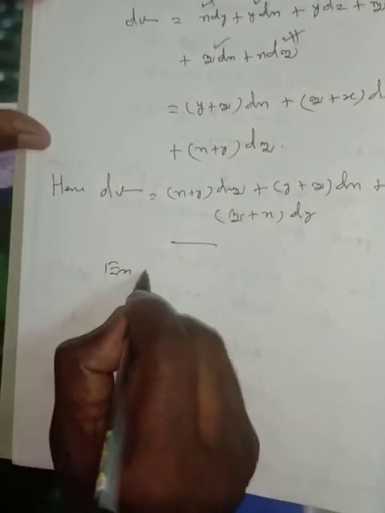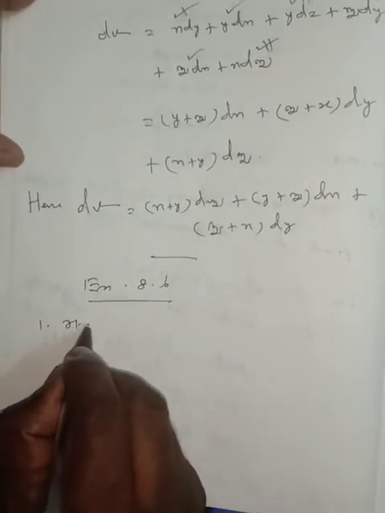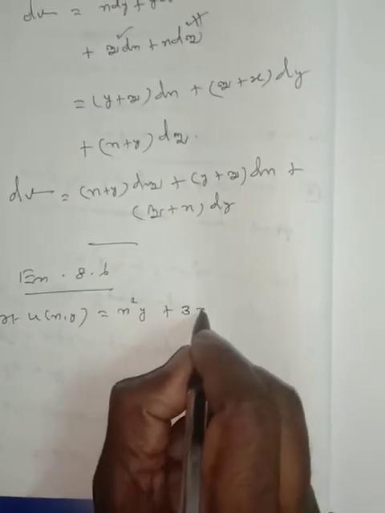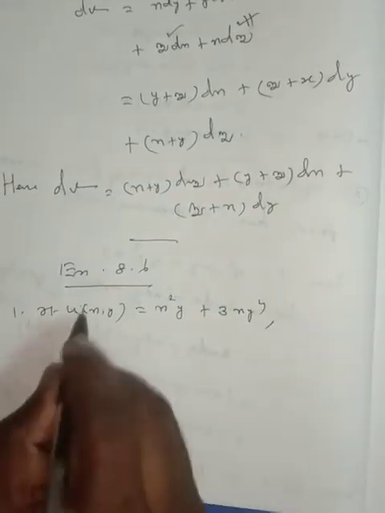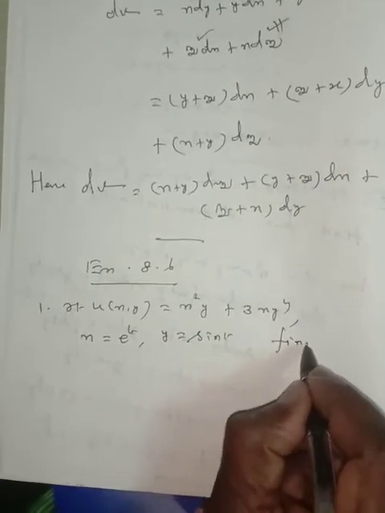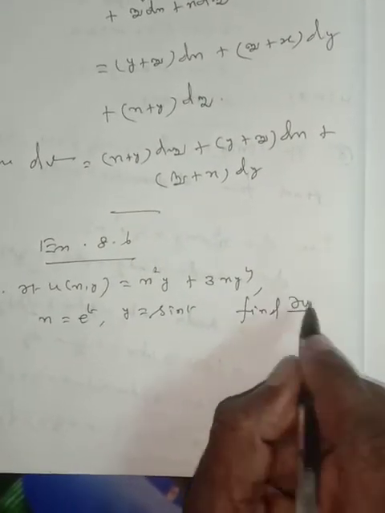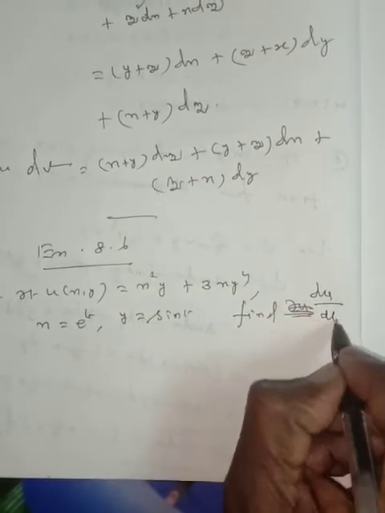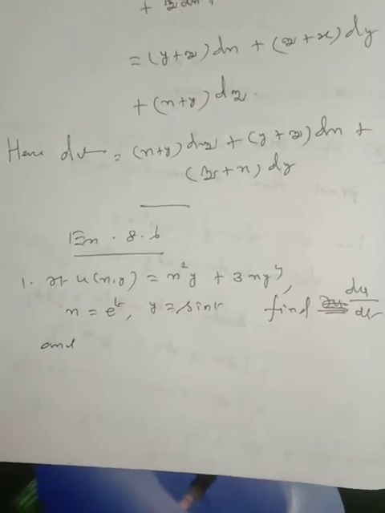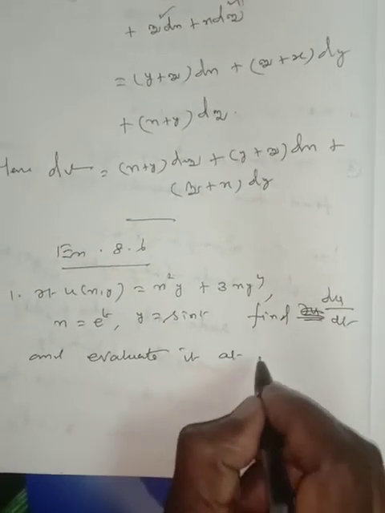Example number 8.6, sum number 1. If u of x, y is equal to x squared y plus 3xy to the power of 4, where x is equal to e to the power of t and y is equal to sin t, find du by dt and evaluate it at t is equal to 0.